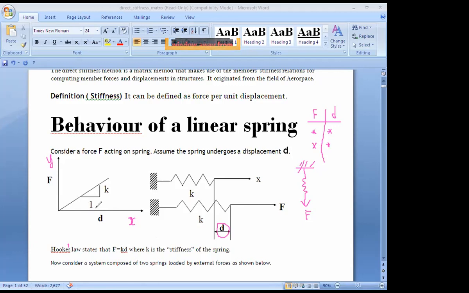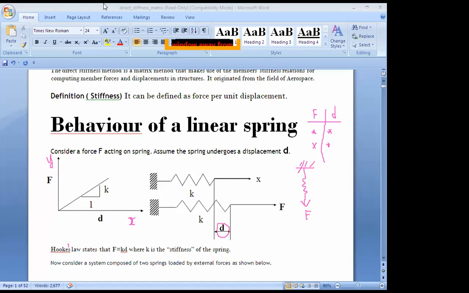Now the question then arises, suppose you have more than one spring, what happens? How would you compute the displacement in each of the springs? And if you have not more than one, but about 5 or 10 or a million springs, how would you compute the force in each spring and the displacement in each of the springs?